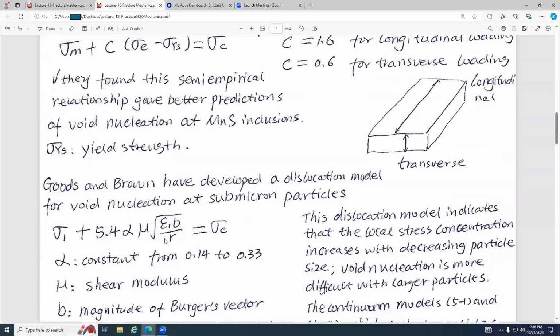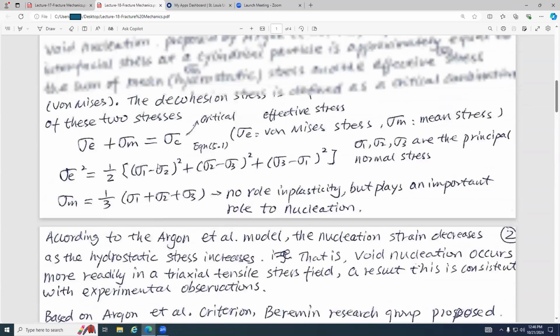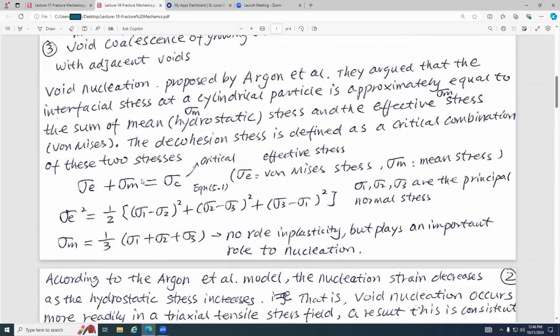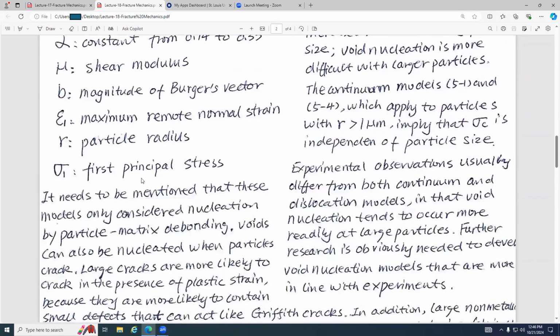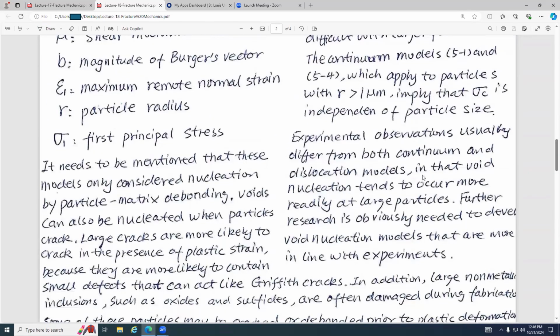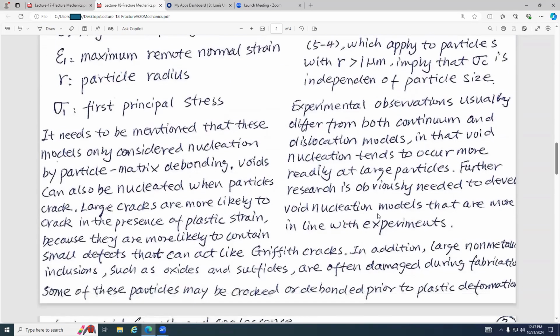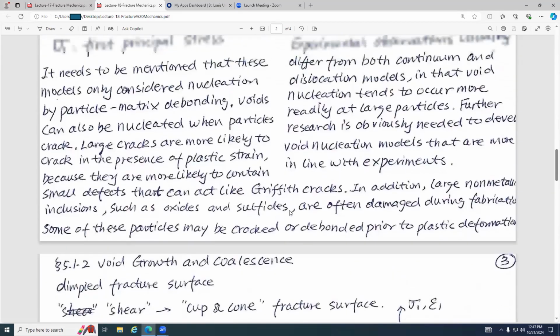So this is the dislocation model, and this one and this one are continuum models. In experiments, void nucleation tends to occur more readily at large particles, and further research is obviously needed to develop void nucleation models that are more in line with experiments.